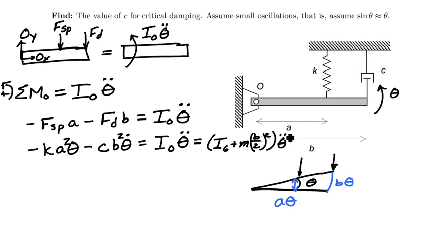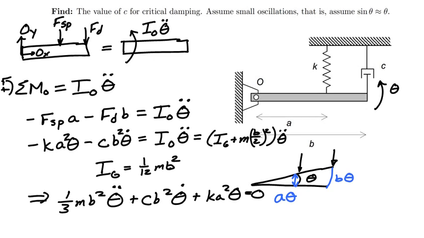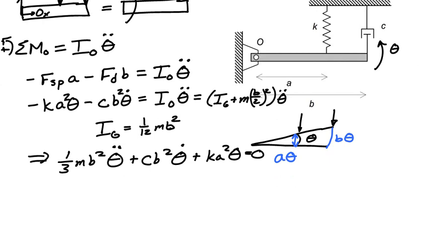If I note that I_G for a homogeneous bar is 1/12 m L squared, where L is b, I can substitute this all back together and get the following equation of motion for the system under the small angle approximation: 1/3 m b squared theta double dot plus c b squared theta dot plus k a squared theta equals 0.